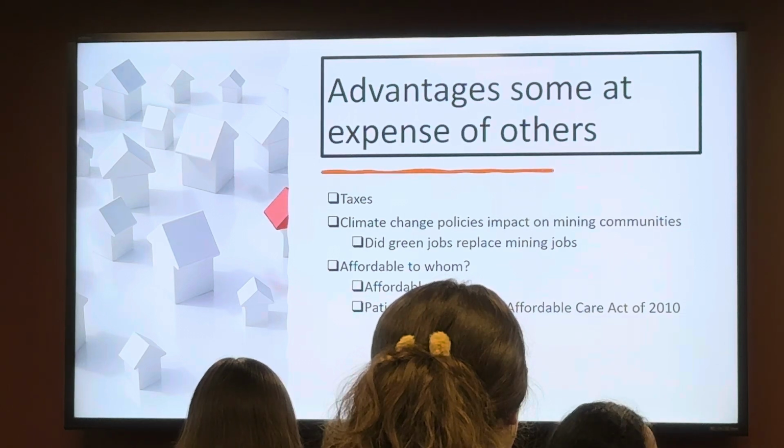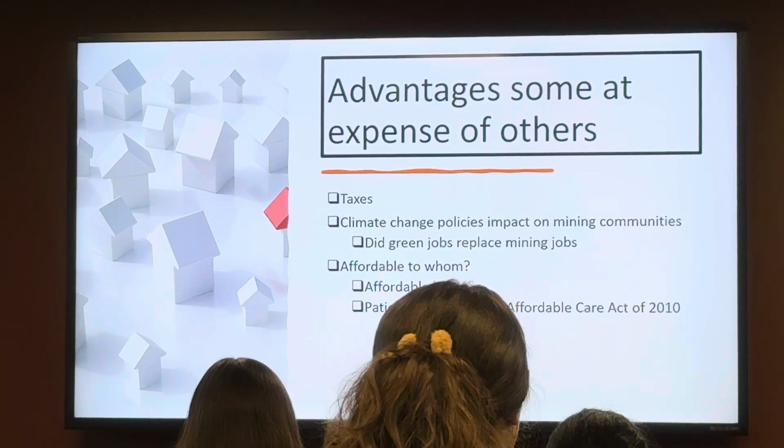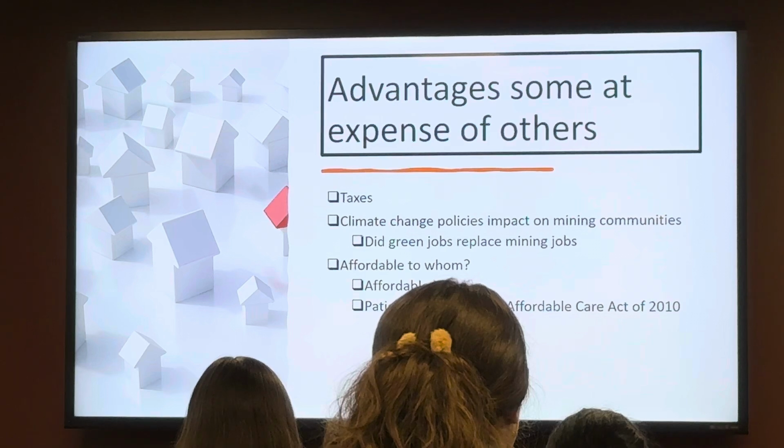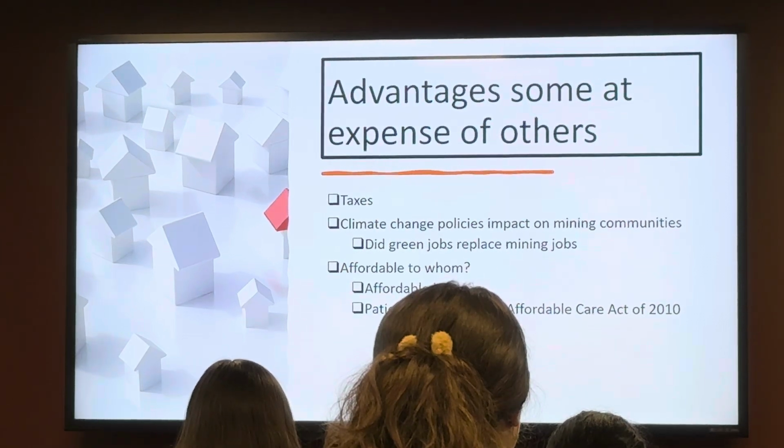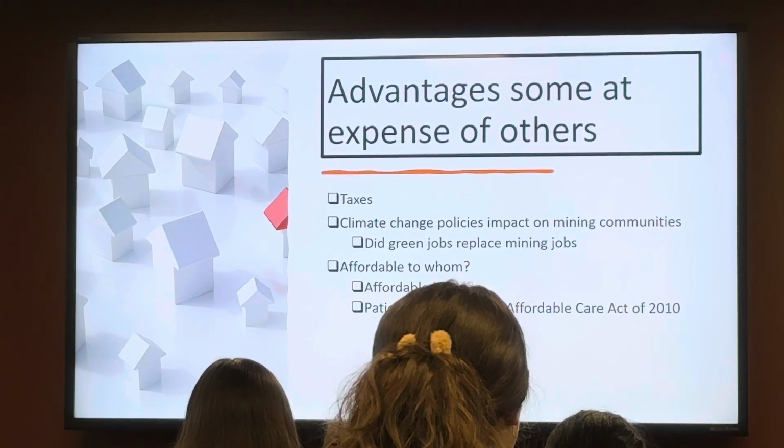No. So when they say affordable, it's affordable to somebody, but it makes things less affordable for someone else. Now, is that right? In some circumstances, I believe, probably yes. As a society, we should try to help one another. So just something to think about.